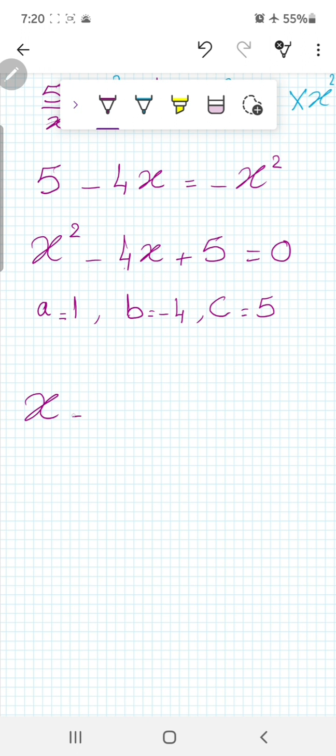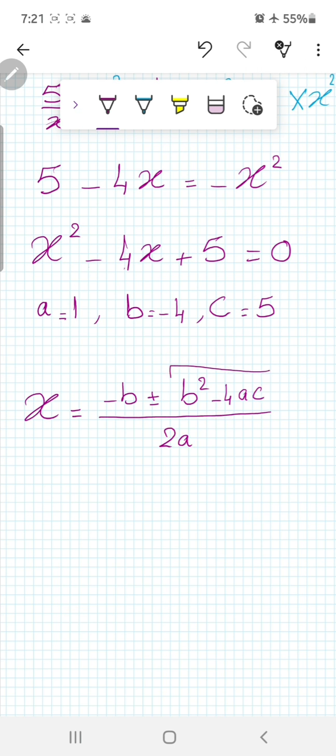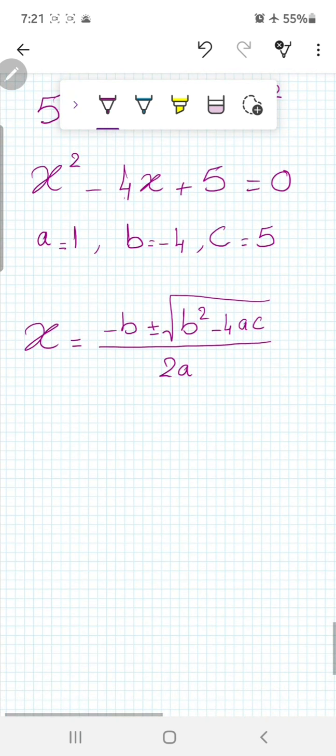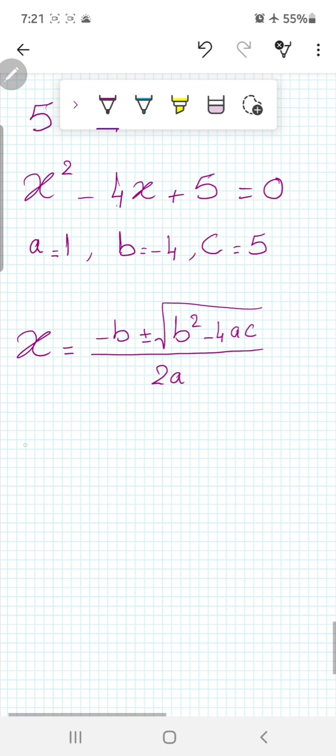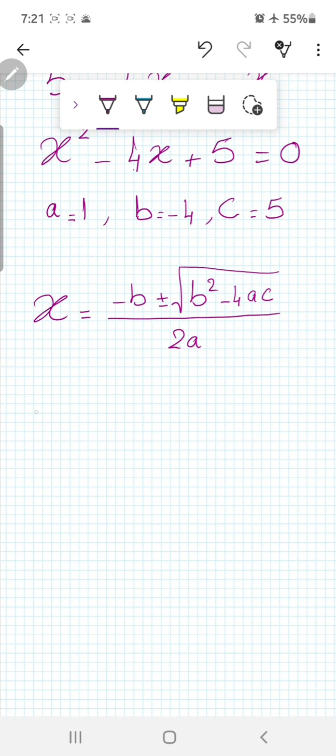Write the general formula. Negative B, positive or negative, B power 2 minus 4AC divided by 2A. Don't forget under square root. Okay. So X equals negative, in the rule, B negative 4.